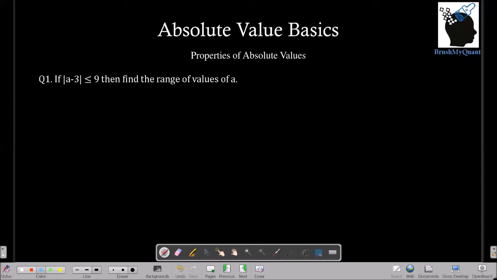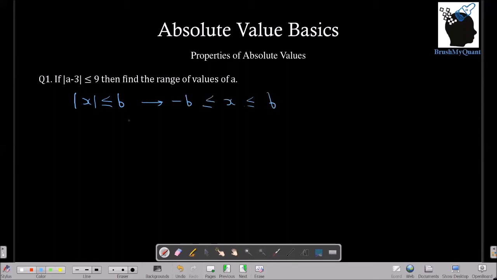So if mod of a minus 3 is less than or equal to 9, then find the range of values of a. If you remember, this is very similar to mod of x is less than or equal to b, and we know that the solution will be x lies between minus b and plus b.